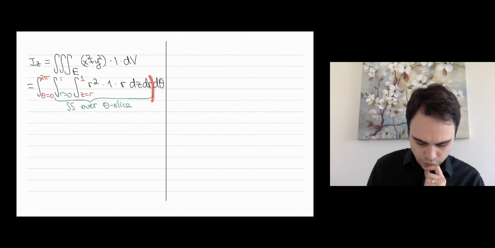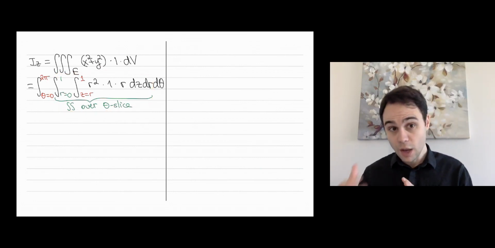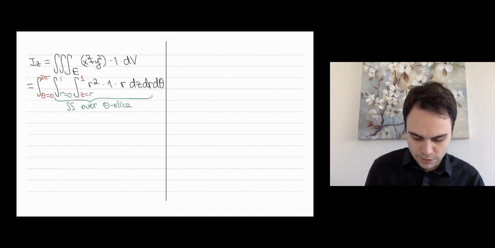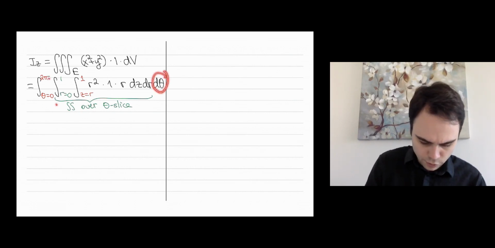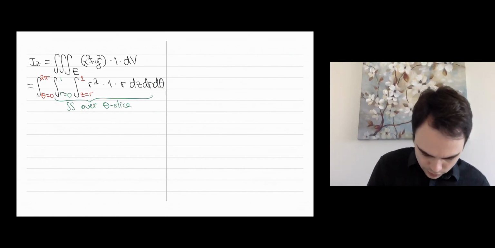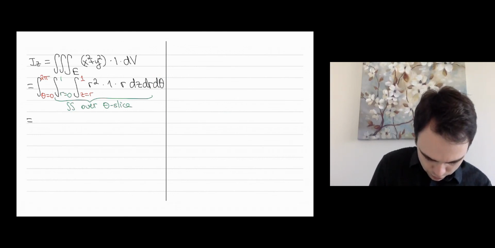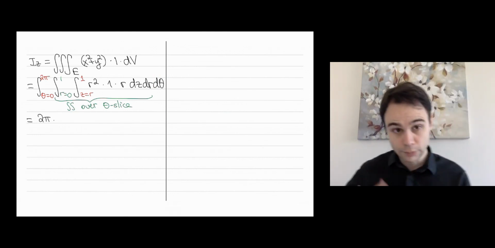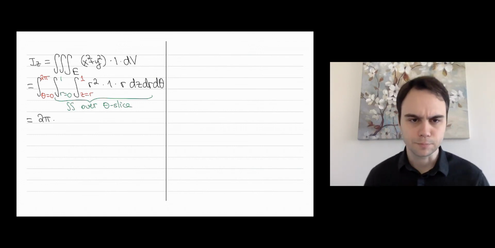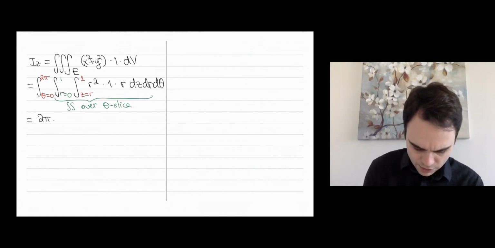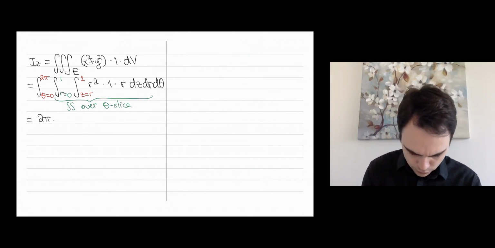So this double integral over the theta slice is just a constant being integrated with respect to theta from 0 to 2 pi. So the outermost integral can be replaced by multiplication by 2 pi. So 2 pi times this double integral.